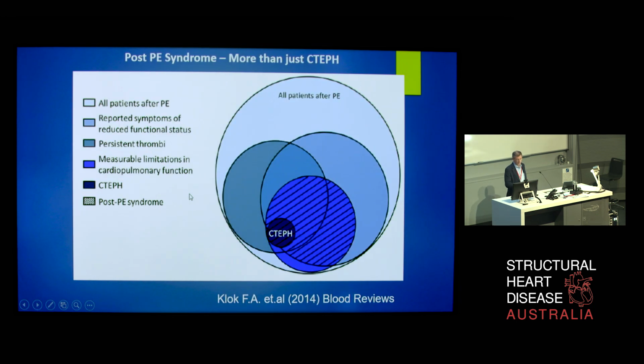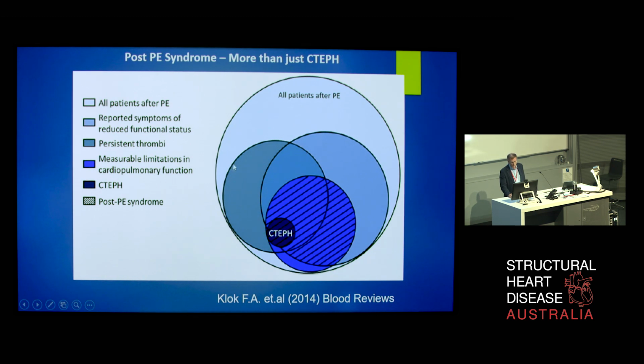It's much more complicated than that, because following a pulmonary embolus, it's more than just CTEPH. If this circle represents all patients who have had a pulmonary embolus, there are quite a large proportion who will report that they still have symptoms and reduced functional capacity.